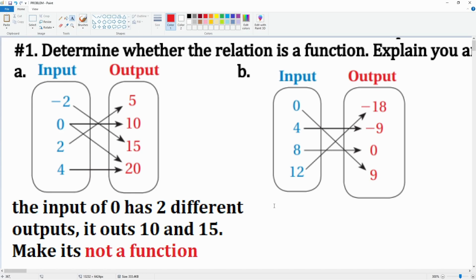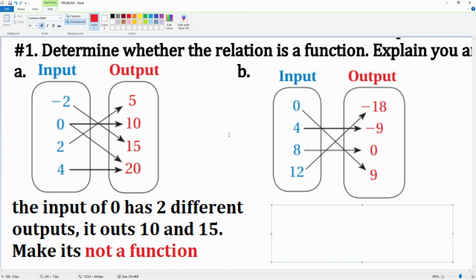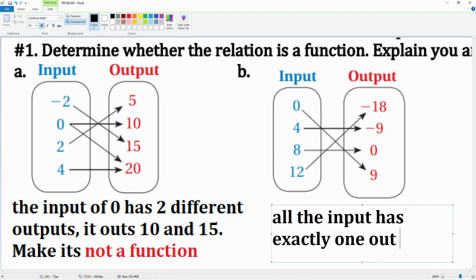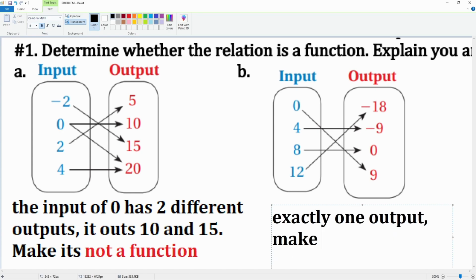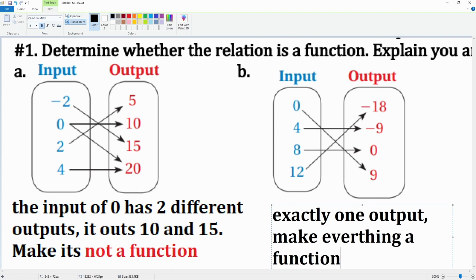Let's take a look here, right? Here it says all the inputs have exactly one output. This makes everything a function.